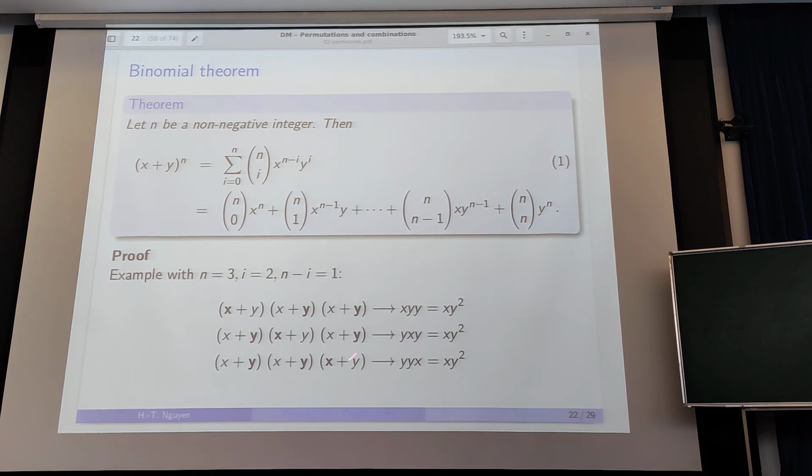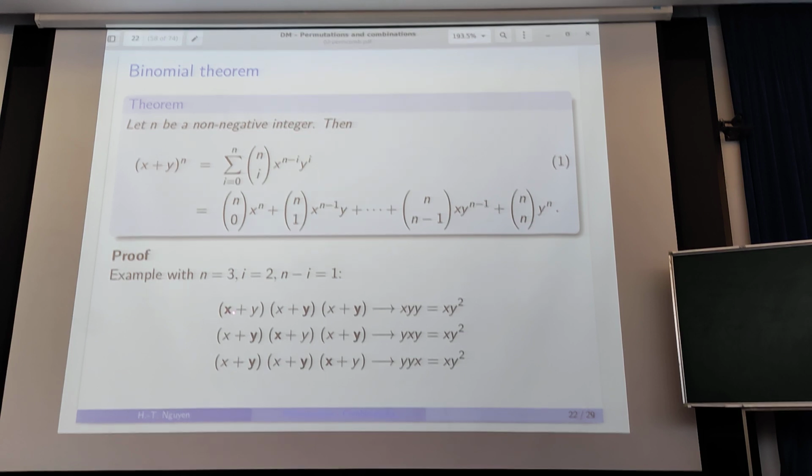And those are the only 3 ways to get this combination. So each way will give you one such term. So there are 3 ways to get 3 terms. Okay? So x y squared plus x y squared plus x y squared gives you a coefficient of 3. And what is the 3? Coincidentally, 3. In fact, here, in order to have this term, you have to choose x one time. Okay?